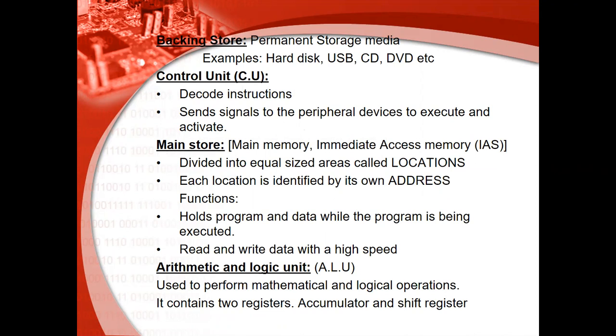Then the control unit. The control unit is responsible for decoding instructions, and not only decoding but sending signals to the peripheral devices to execute and activate the command or the output. There are two terms, encoding and decoding. Encoding means to hide the thing, and decoding means to show the actual message.